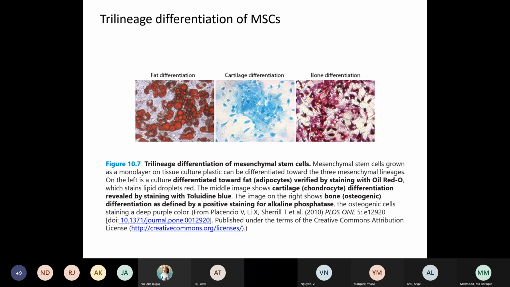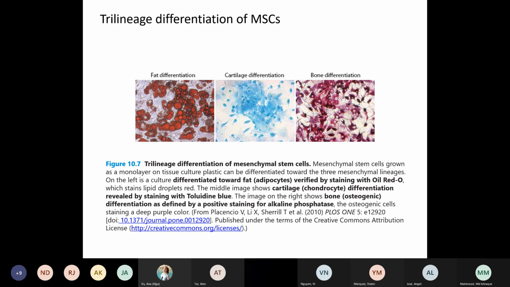And finally, what's shown there is bone differentiation. Bone can always be stained with a substrate to demonstrate bone differentiation. The substrate is specific for alkaline phosphatase because in bone, alkaline phosphatase is abundant, and now with the proper substrate, you can generate color there.